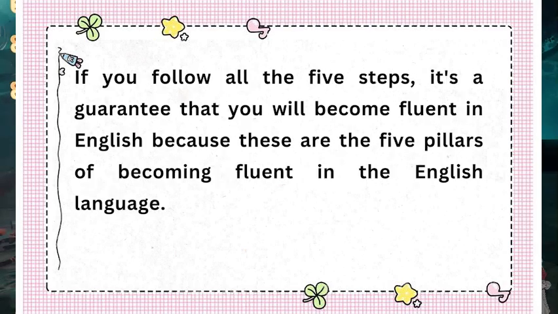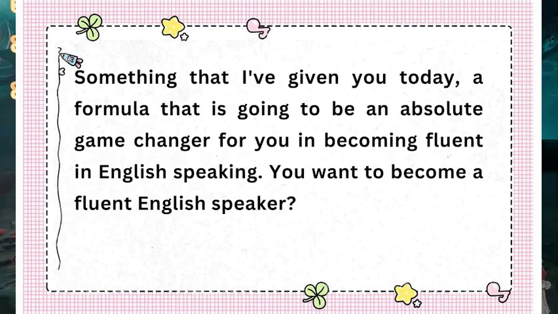If you follow all the 5 steps, it's a guarantee that you will become fluent in English, because these are the 5 pillars of becoming fluent in the English language. Something that I've given you today, a formula that is going to be an absolute game changer for you in becoming fluent in English speaking.